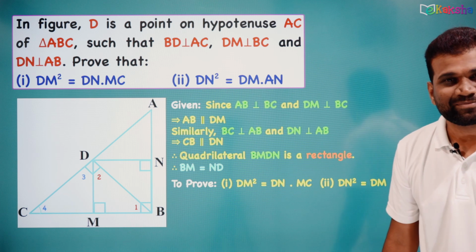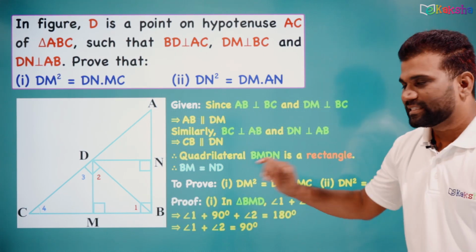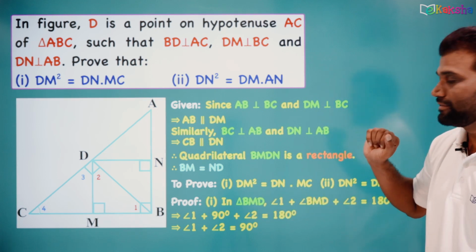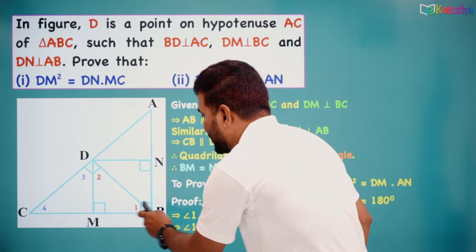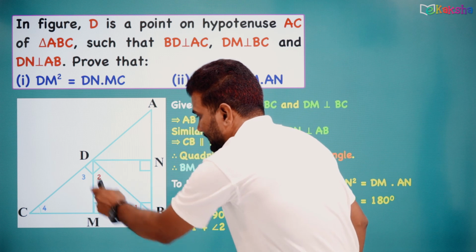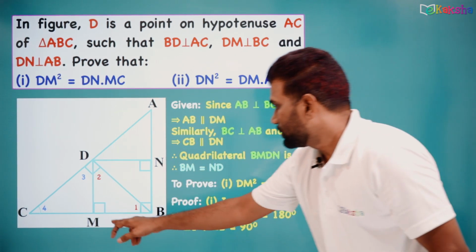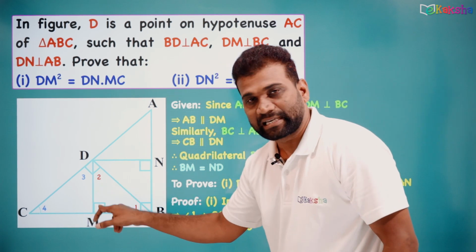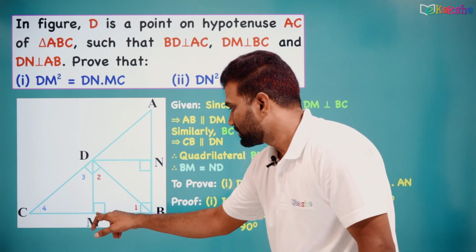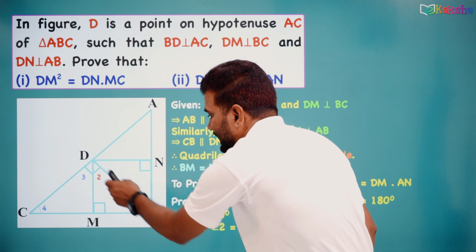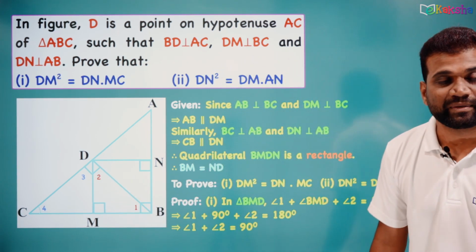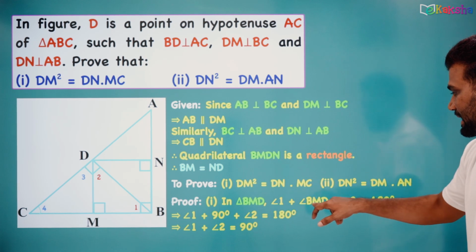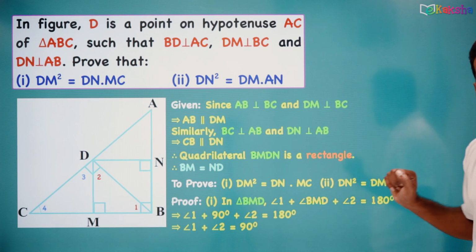So let's prove this. Here is the proof for the first part. In triangle BMD, we are considering this right angle triangle, with angle BMD equal to 90 degrees, right angle at M. So angle 1 plus angle BMD plus angle 2 equals 180 degrees.